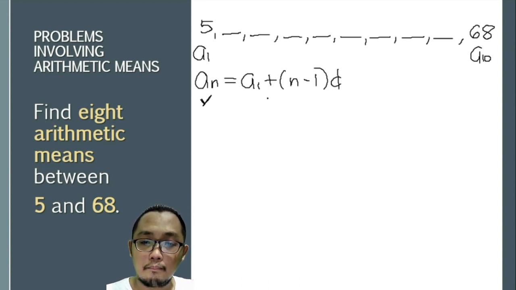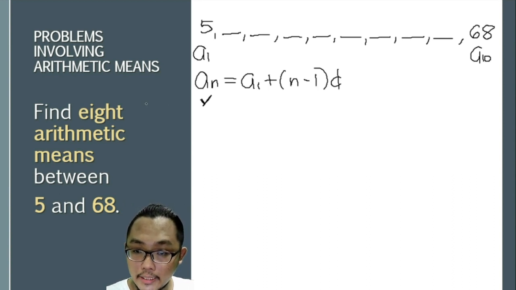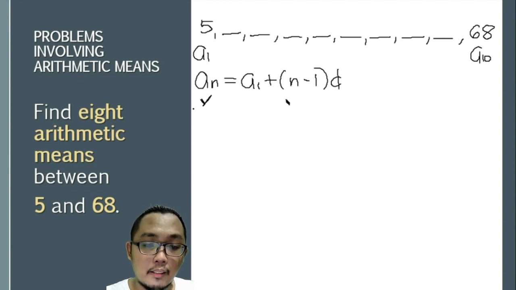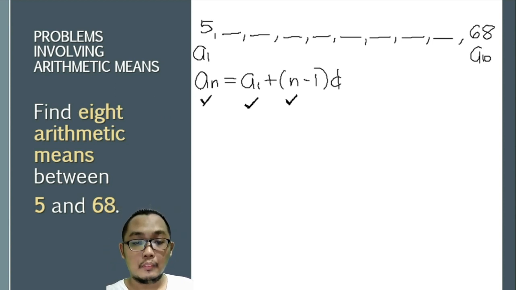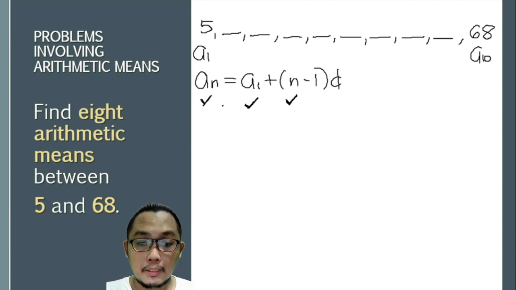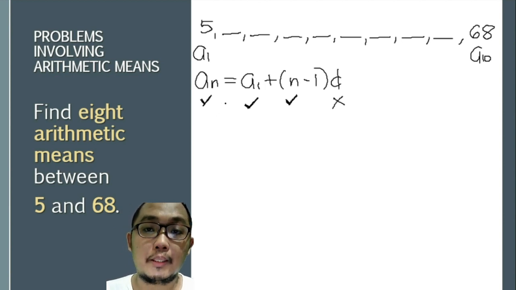Knowing that we have our a sub 10, the n right here corresponds with the 10, so there will also be a value that replaces the n in our formula. While the a sub 1 obviously is given to be 5. And now, if we take a look at this formula, we are only left with one unknown value, which happens to be the common difference.